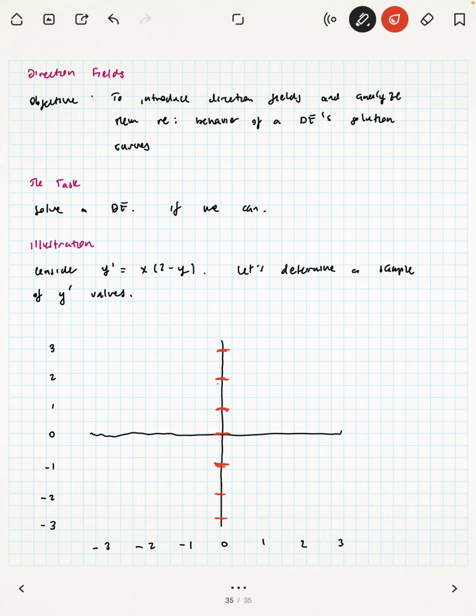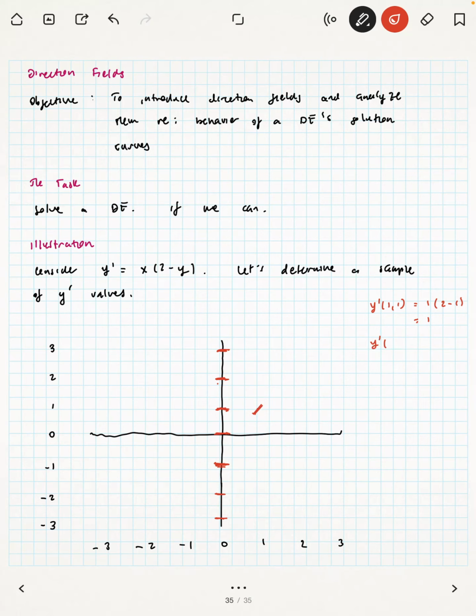Now, for (1, 1), let's just quickly do the calculation on the side. So y prime of (1, 1) is 1 times (2 minus 1), which equals 1. So at (1, 1), we have a slope of 1.